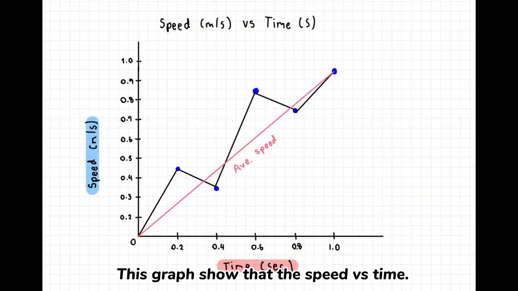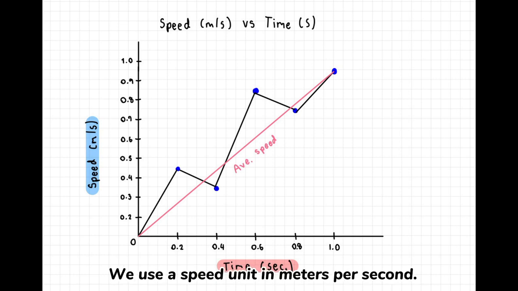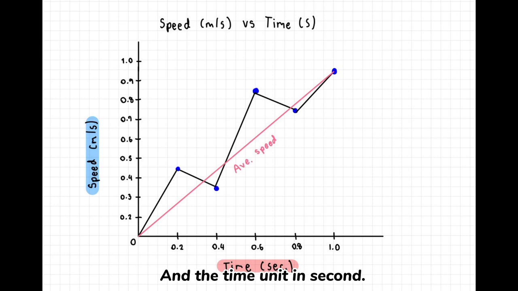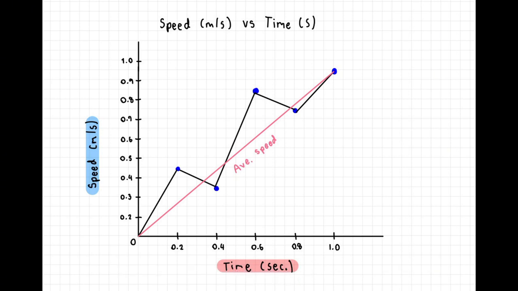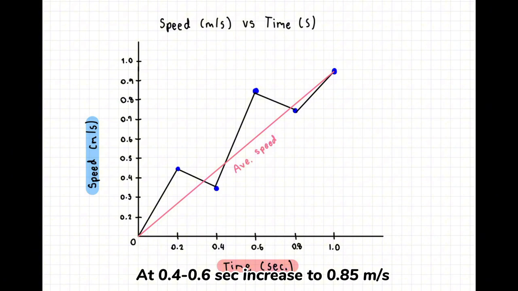This graph shows the speed versus time. We use a speed unit in meters per second and time unit in seconds. At 0 to 0.2 seconds, speed is 0.45 meters per second. At 0.2 to 0.4, speed decreases a little bit to 0.35 meters per second. At 0.4 to 0.6 seconds, it increases to 0.85 meters per second.